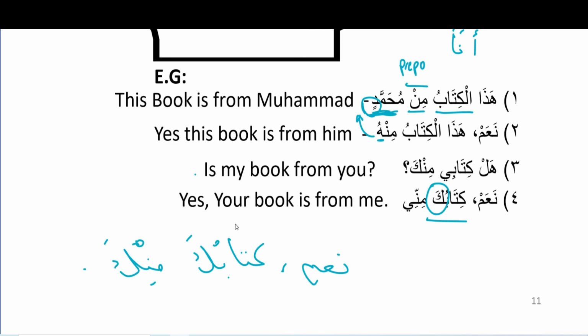Kitabuka minni, your book is from me. Kitabuka minna, your book is from us. Kitabuka minha, your book is from her. Kitabuka minhuma, your book is from both of them. Kitabuka minhum, your book is from them.